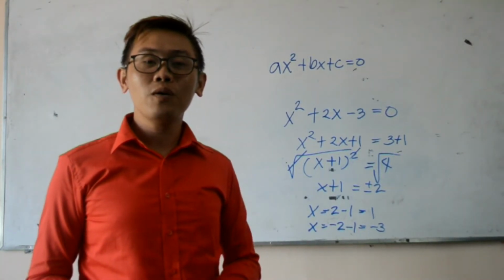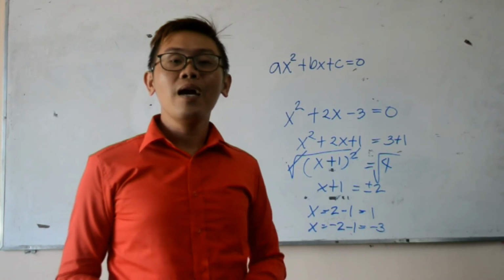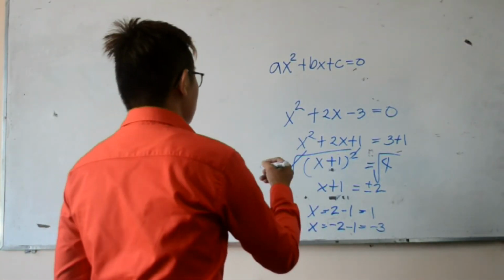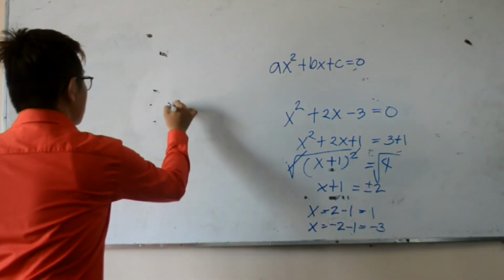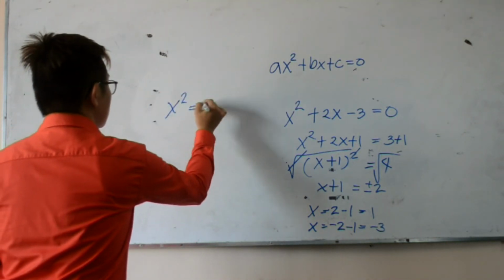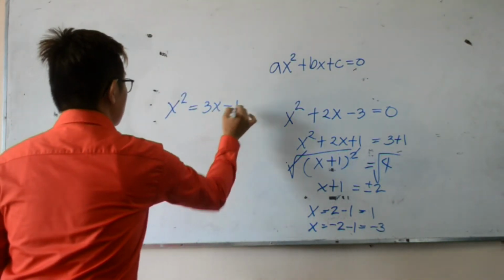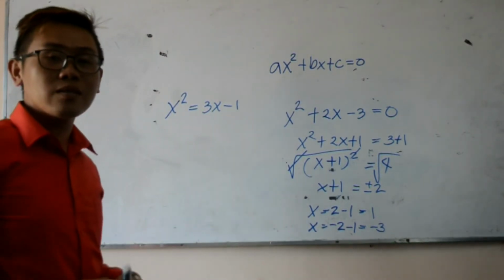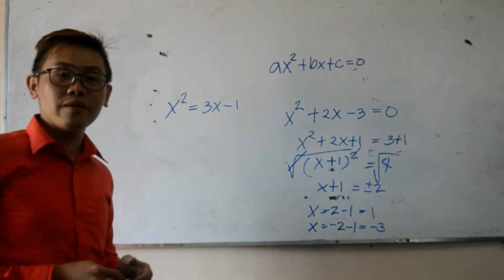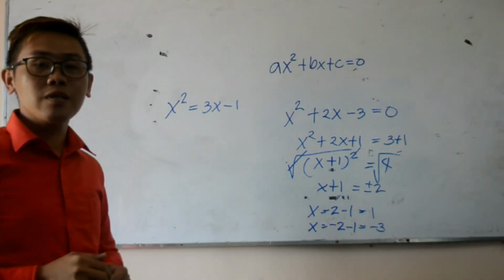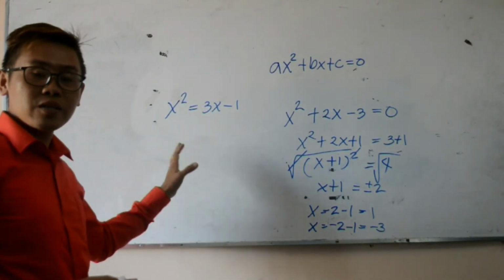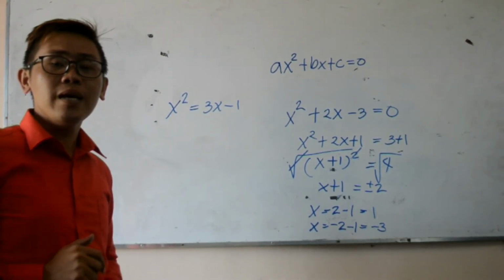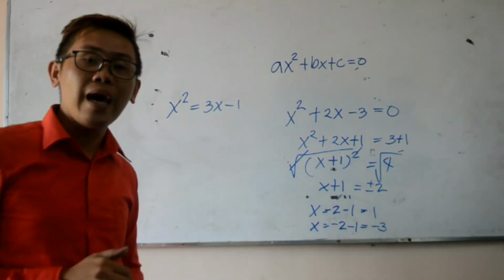Consider an example of quadratic equation x squared is equal to 3x minus 1. Solving this kind of quadratic equation using the quadratic formula, we need first to convert the given expression into its standard form in order for us to determine the values of a, b, and c.